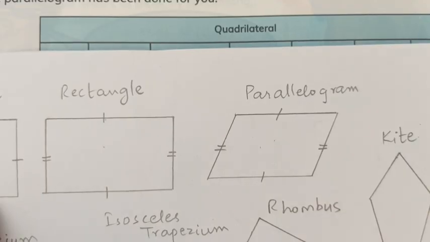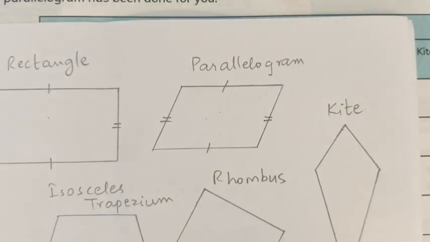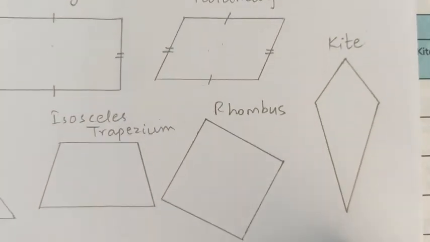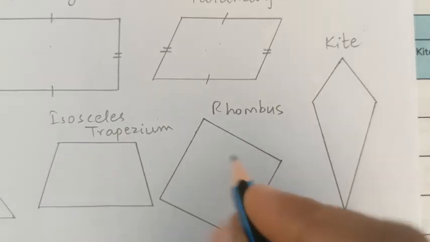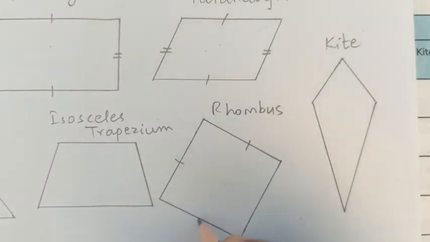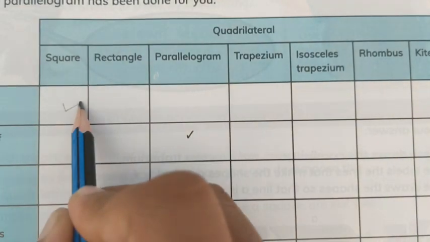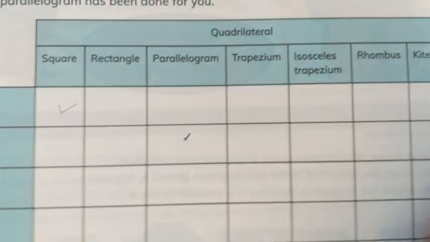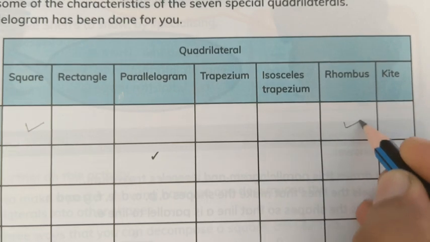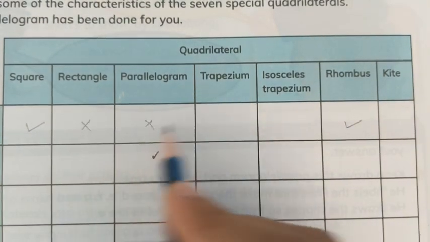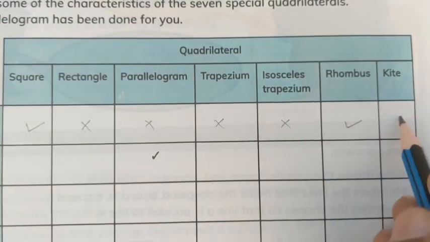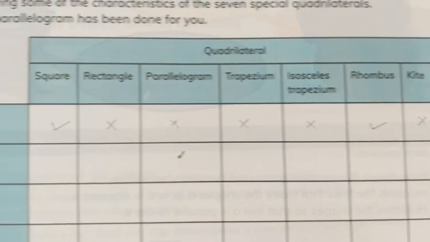But the characteristic of having all four sides equal is found in one more quadrilateral, and that is the rhombus. All four sides are equal in a rhombus as well. So we can say that in a square and in a rhombus all four sides are equal to each other. Apart from that, in none of the other quadrilaterals are all four sides equal.